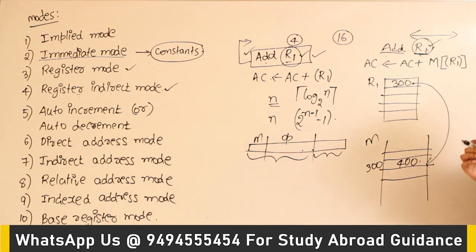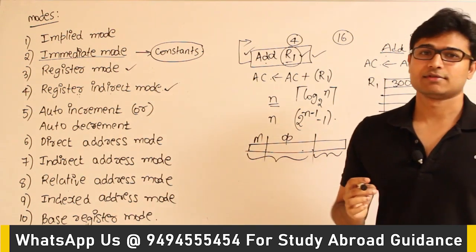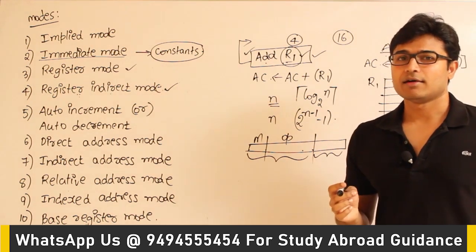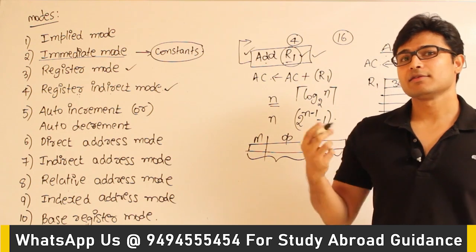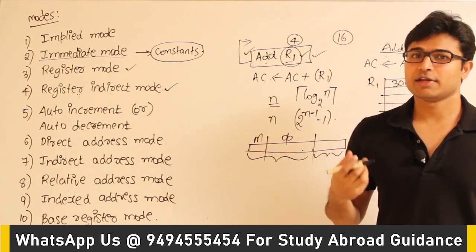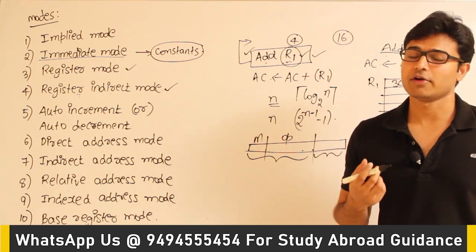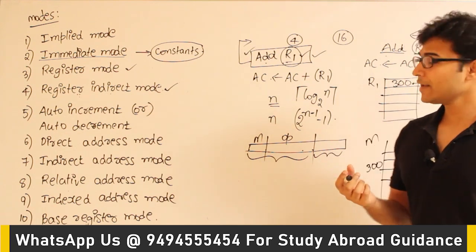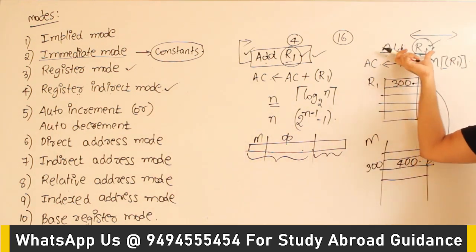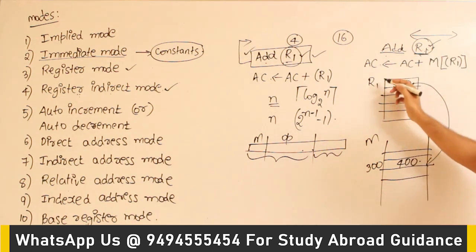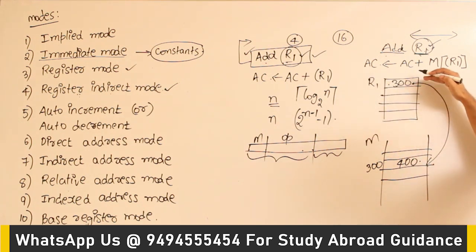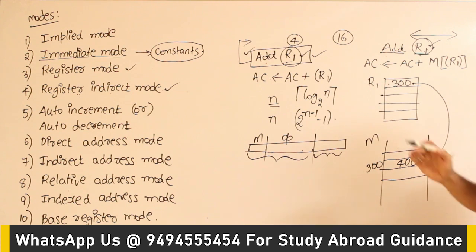Whenever the same address is required many times, it is useful to store that address in a register and refer to the register number instead. So one advantage is that the size of the instruction is reduced, but it comes with a penalty: we have to go to the register and then to the memory. But it has its own advantages, which we'll see later.